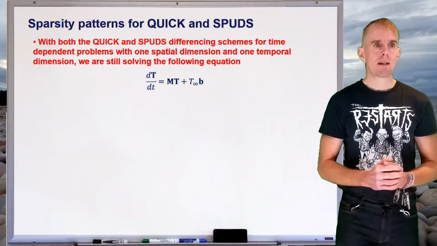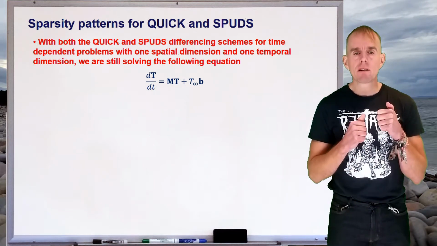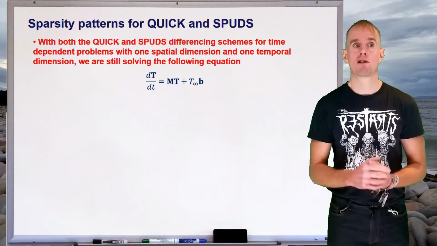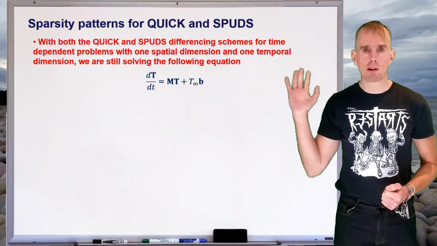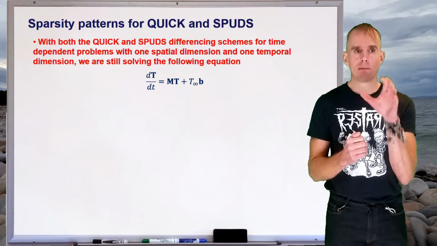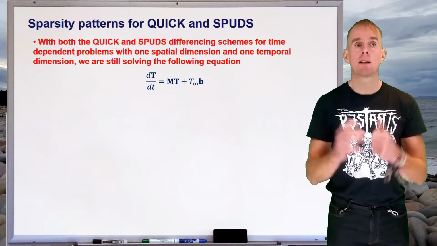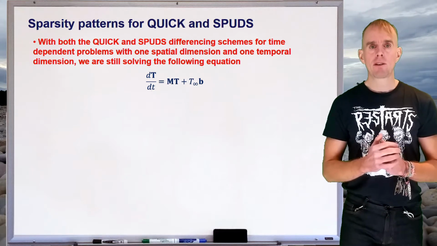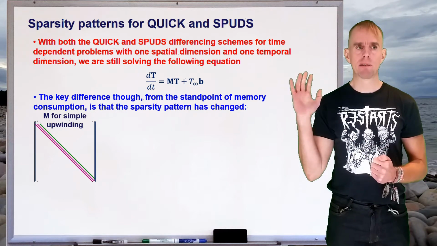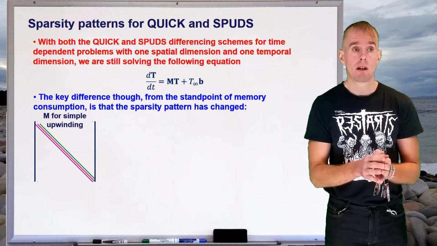Now, before we do that, a quick note on how using these higher order schemes changes our matrices, which changes computational resource. So we're still solving this transport equation. We were still solving an ordinary differential equation, I've written it in terms of temperature here, equal to an algebraic linear system. Now let's think about matrix M, because if we think about simple upwinding, we've got a tridiagonal matrix if we've got diffusion included.